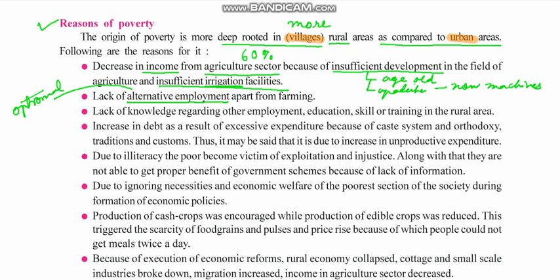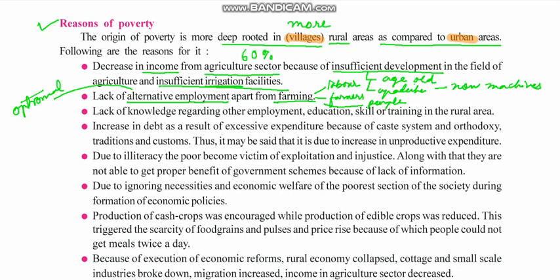So the people who are engaged with this agriculture sector don't have any other option of working. Here, when we talk about farming, we have to consider also the laborers who are connected to it, the farmers, and all the people who are connected to farming, right?